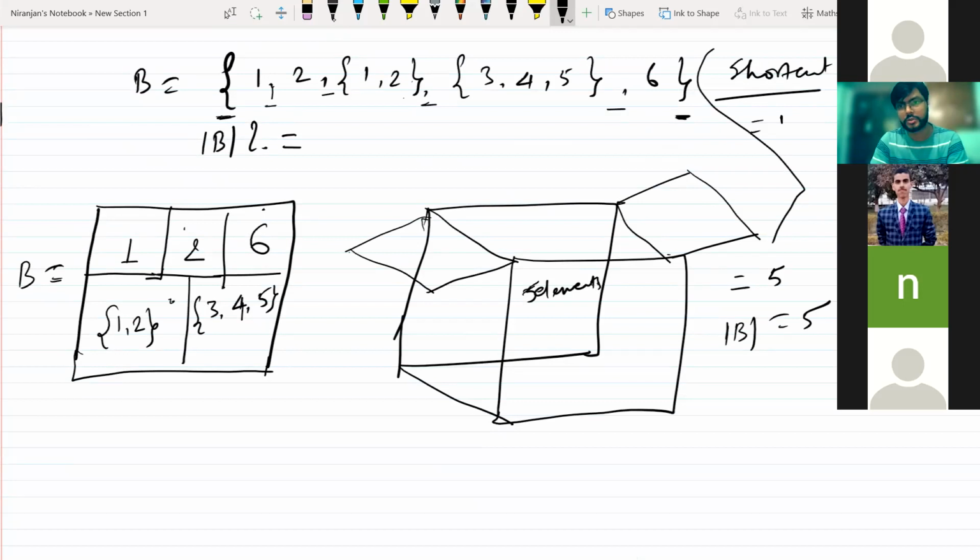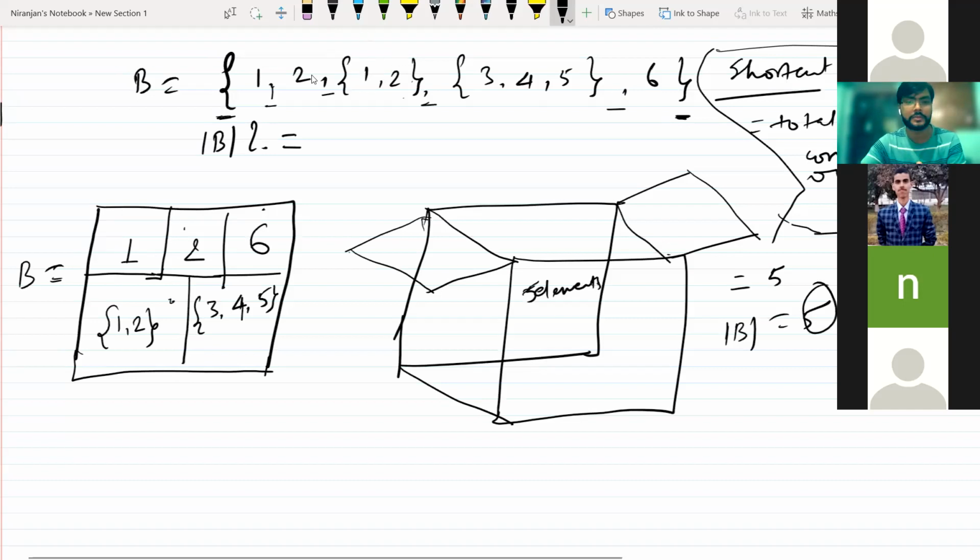So the shortcut is the total number of commas in outer braces plus 1. That is your answer. So the total number of commas in this one is 4, and you have to add one more. That way you will get 5, and you got 5 from the box method.